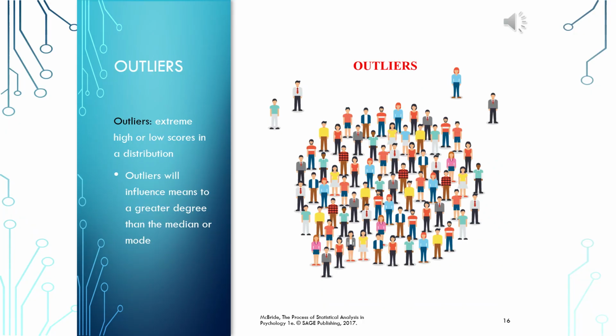So as I was alluding to in our discussion of income distributions, outliers, which are extremely high values or extremely low values in any given distribution, will really mess up the average because they highly influence it and pull it in either direction in the distribution.